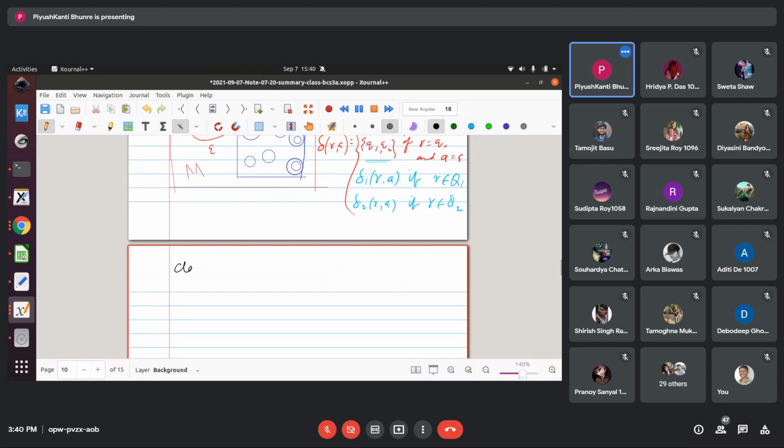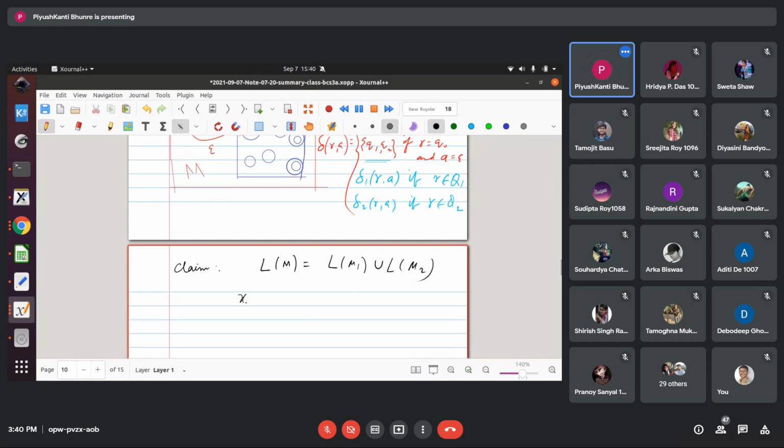Next claim is that L of M equals L of M1 union L of M2.